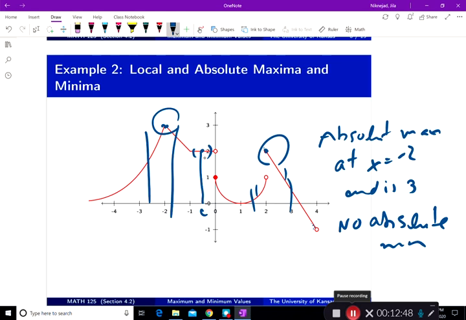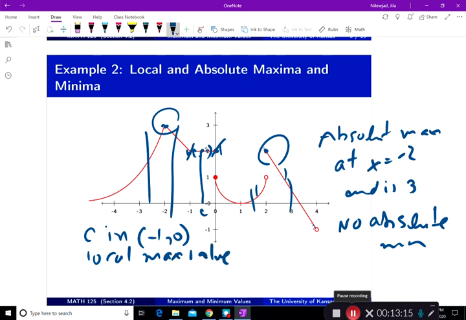Our definition establishes that any point over here, not this endpoint or that endpoint, but anything in between can render a local max. So for any c in (-1, 0), there is a local max value equal to 2.